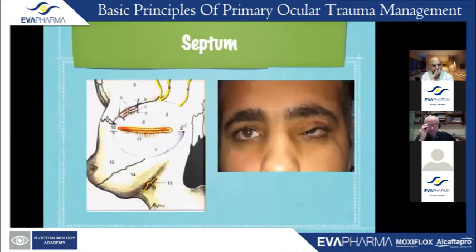This patient, as you can see here, because the orbital septum, which covers the whole orbit and is behind the orbicularis oculi muscle, was entangled with the sutures, has this bad scar.